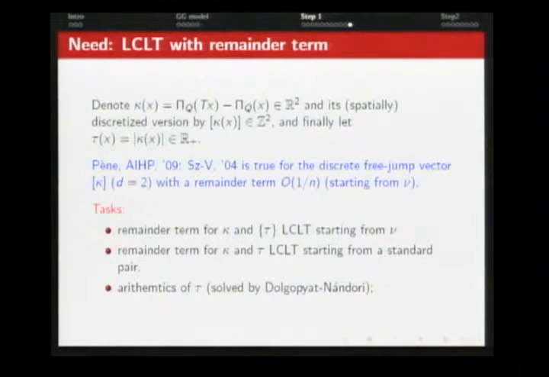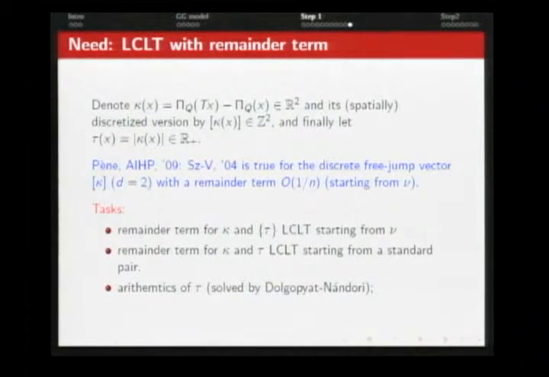I just want to mention that Françoise Pène, in a paper 4 years ago, could prove a local limit theorem with a remainder term of this form, which is very good.